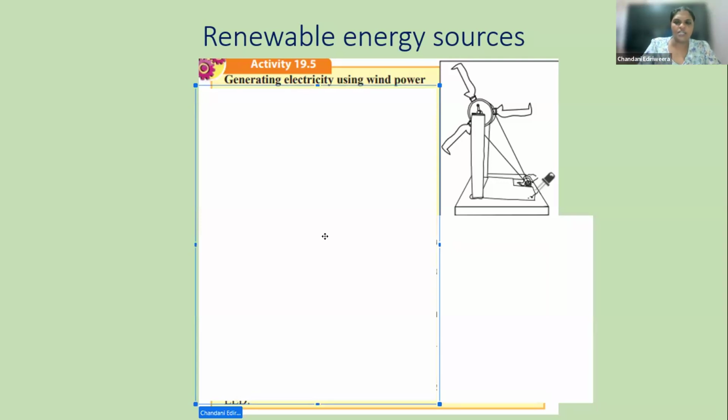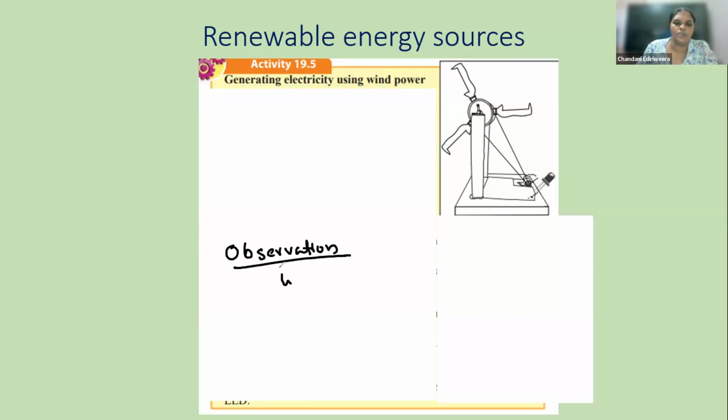So under the observation, what can you tell? Observation: when wind is blowing, the bulb is lighting.